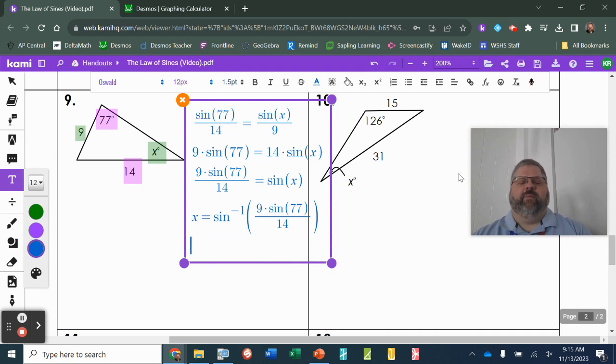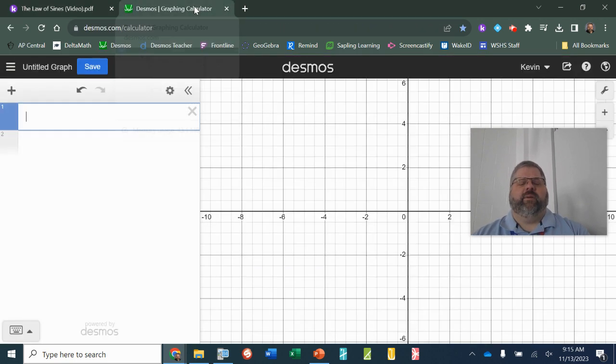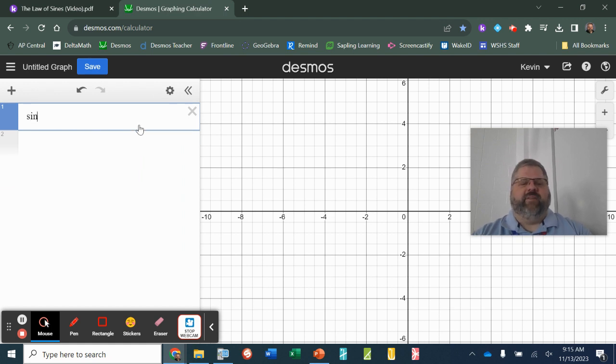Now I'm going to need to put all of this into Desmos to evaluate it. So I come back over to Desmos, and I'm going to have this inverse sine. You can either type it in like you would any statement, or you can go to the onboard keyboard, and under functions, you can find the inverse sine function.